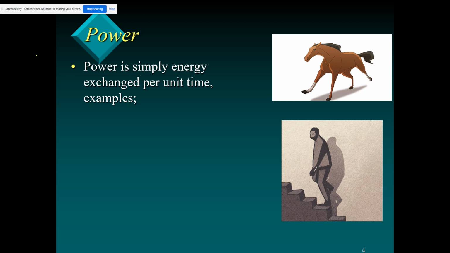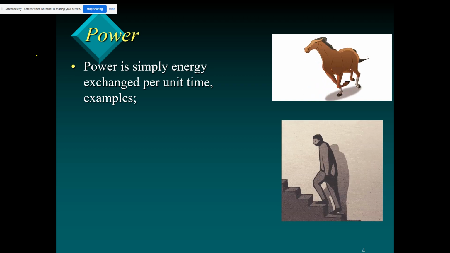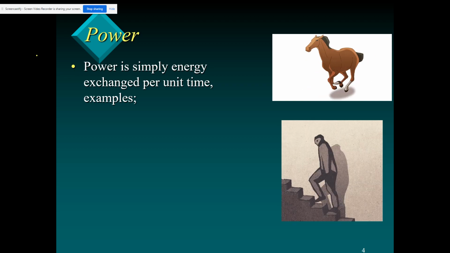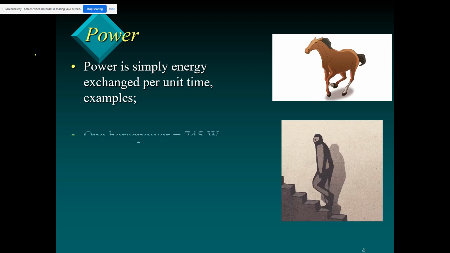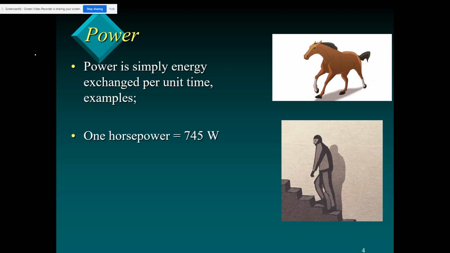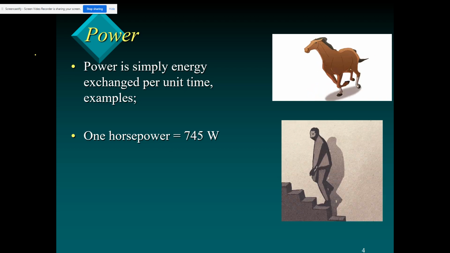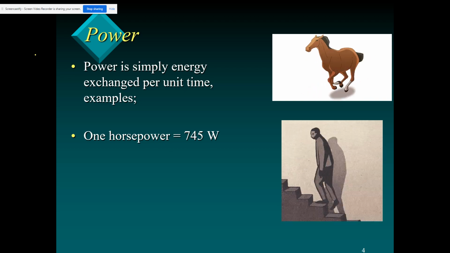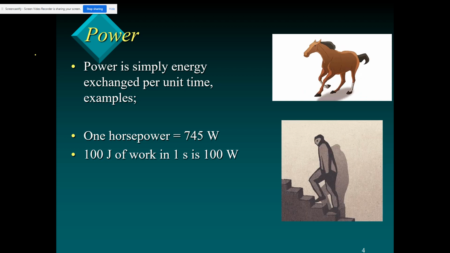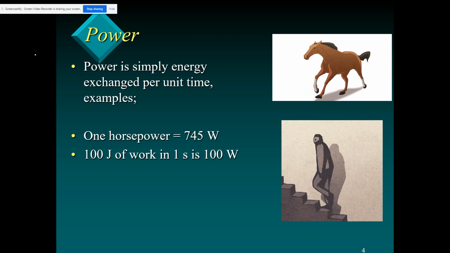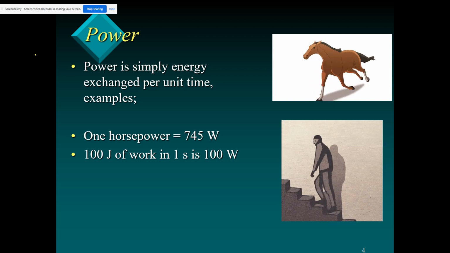All right, let's take a look at power. Power is basically simply an energy exchange per unit time, like we said. Horsepower is actually equivalent to 745 watts. Take a look at this guy going up the stairs. We can actually calculate how much energy per unit time he's using.